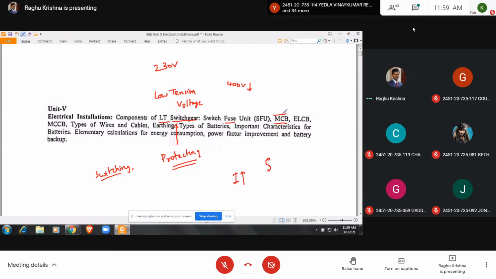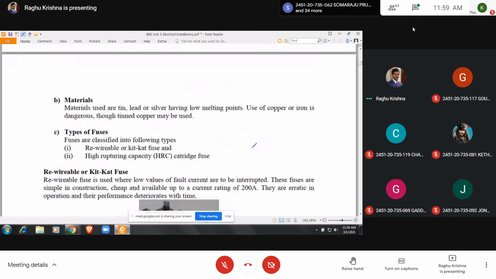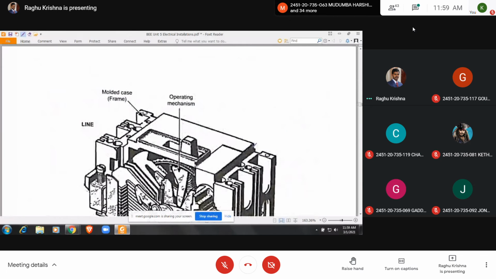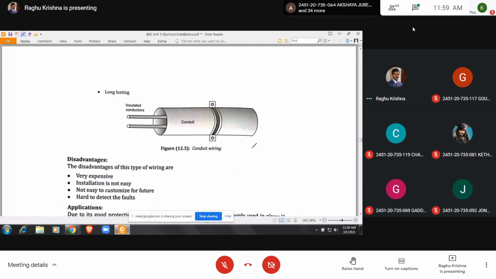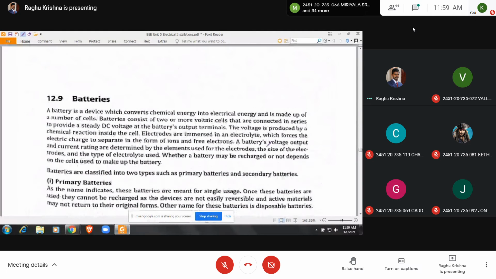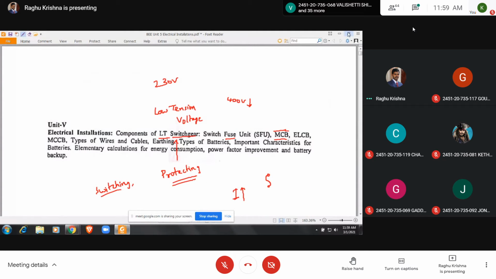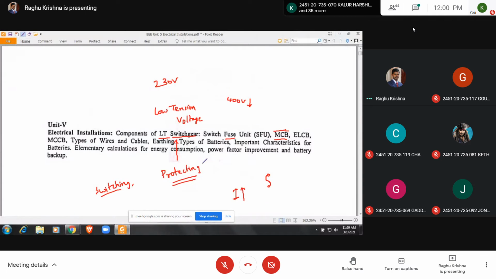Again, you can switch on the supply just by switching on the button. I will show the diagram afterwards.